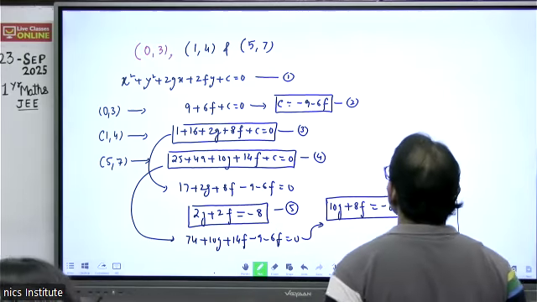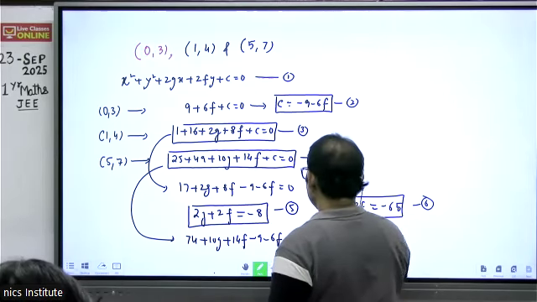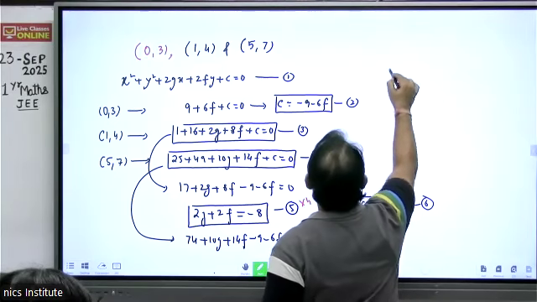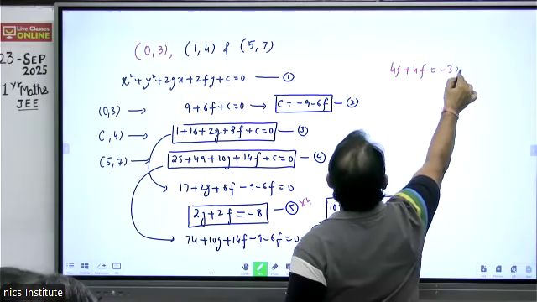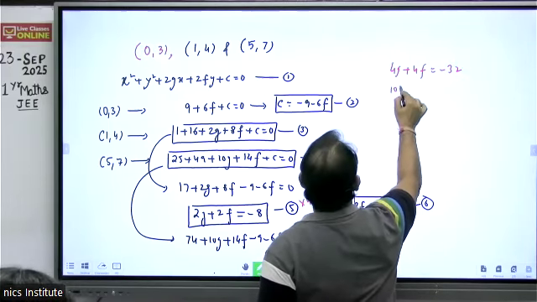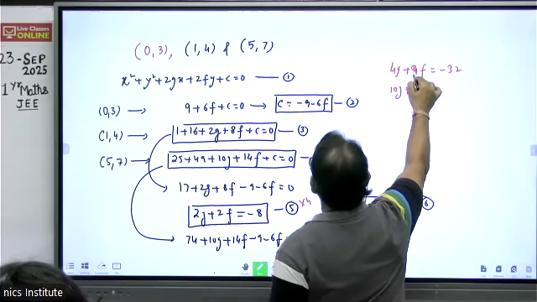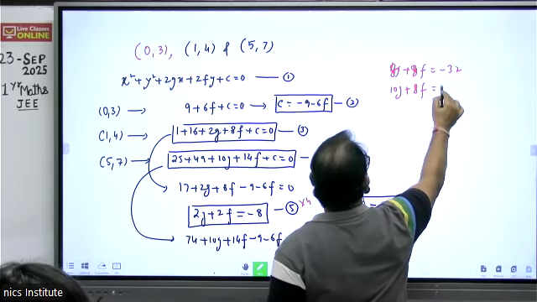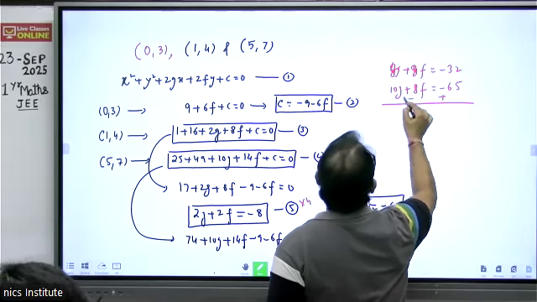ठीक है। So equation 5 you multiply by 4, so 4G plus 4F equal to -32, and then you have 10G plus 8F is equal to -65. Subtract.